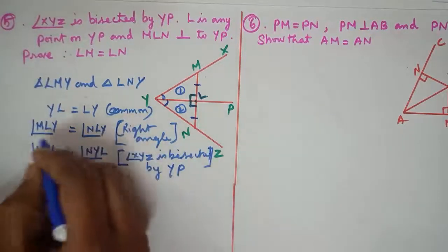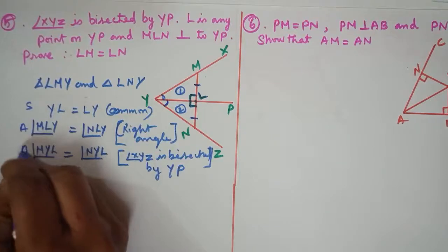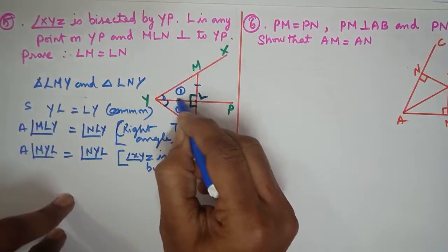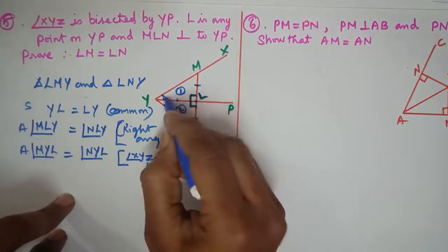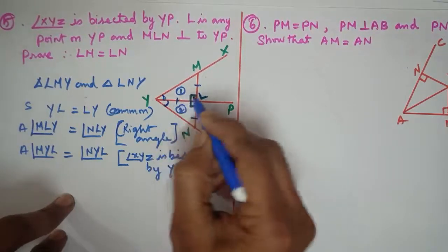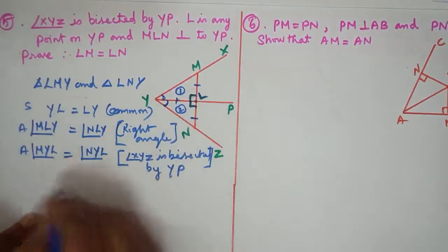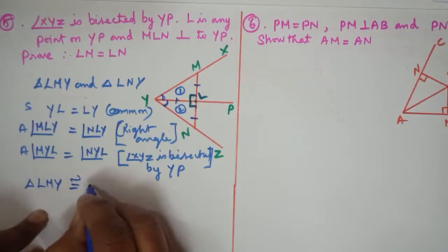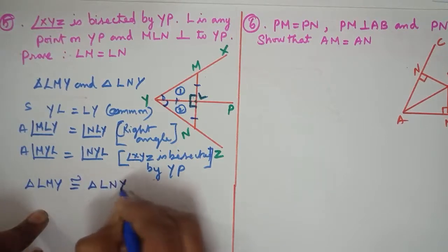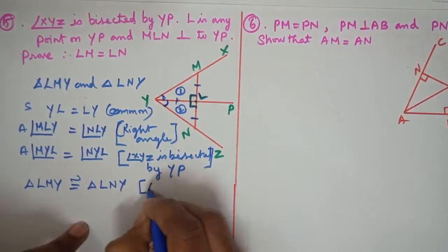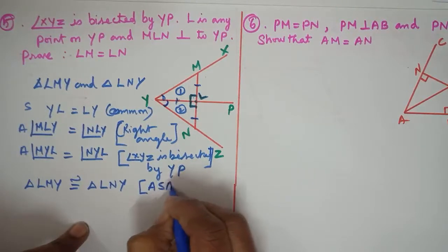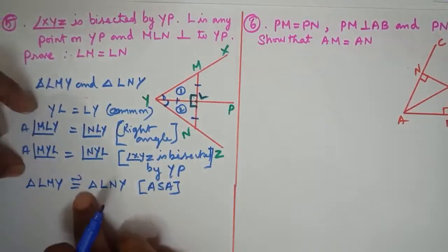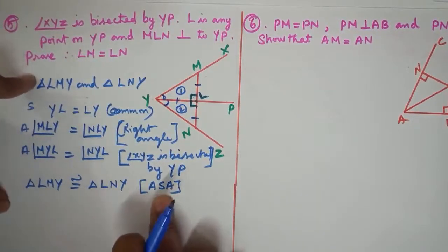Okay students, so now this is side, this is angle, this is angle. Angle, side, angle, so ASA. Using ASA, students listen, we can say triangle LMY is congruent to triangle LNY by the angle side angle congruence rule.